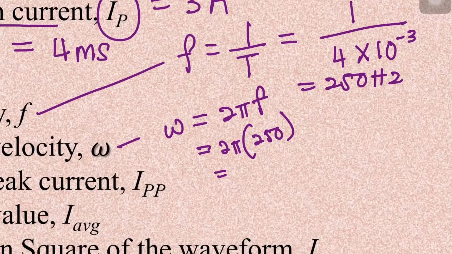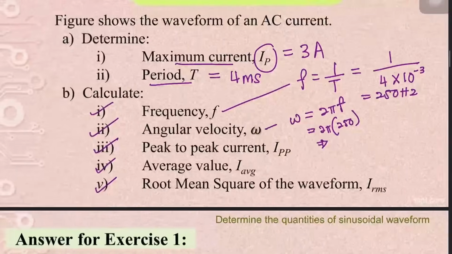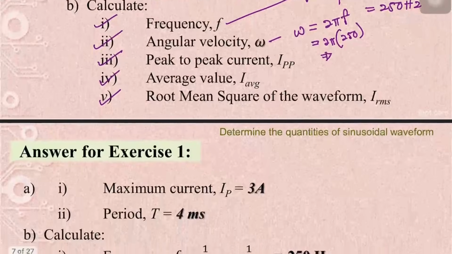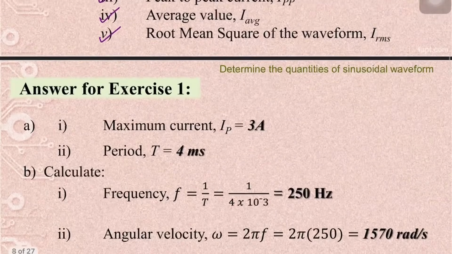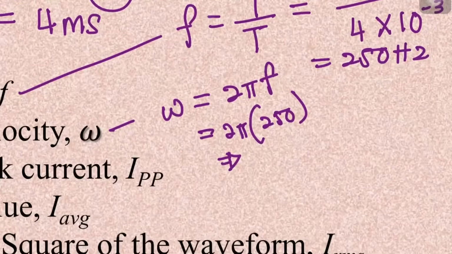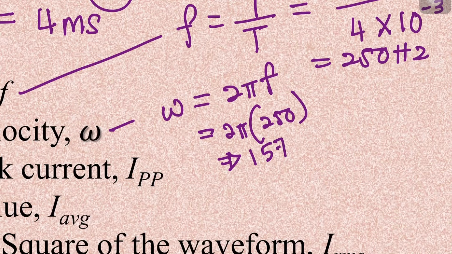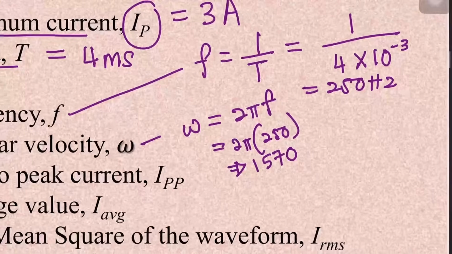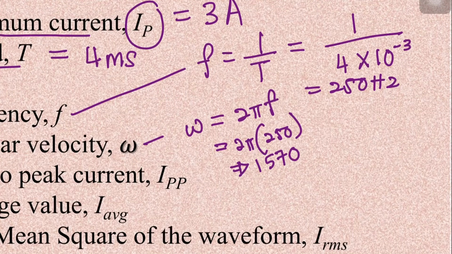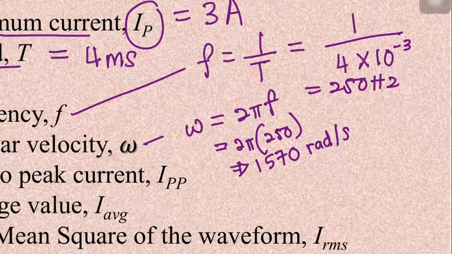Dapat jawapan berapa adik-adik? Kiralah sendiri ya. Okay, jawapan dekat sini, kita check jawapan dekat bawah sekejap. Okay, 1570. So, 1570. Jangan lupa, unit for your omega, angular velocity is radian per second.